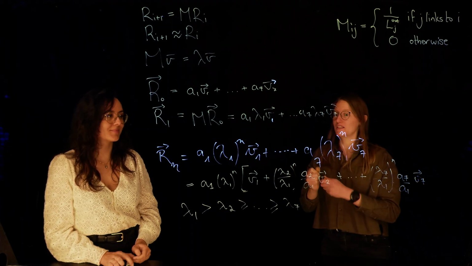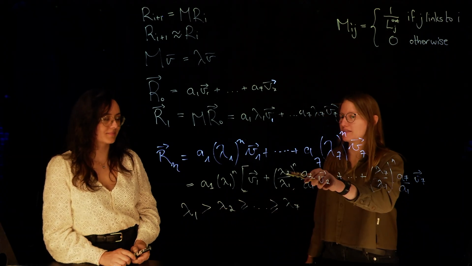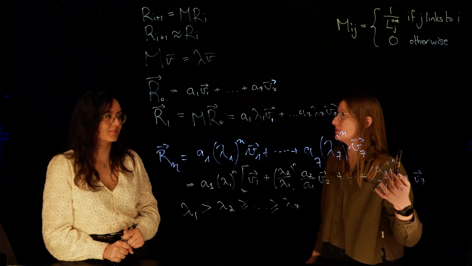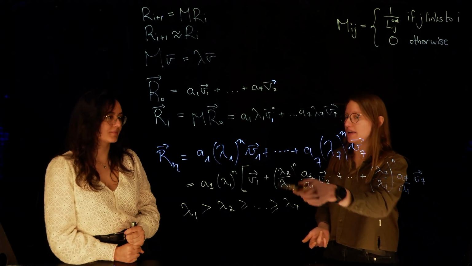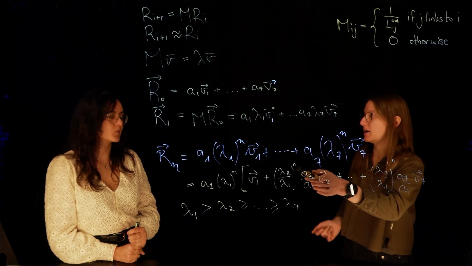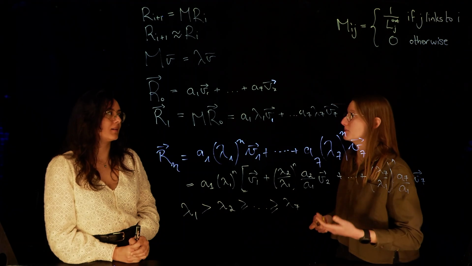Using the fact that we know lambda 1 is the biggest, we know that these values are all going to be less than 1. And if we take a number less than 1 to a large power, that number will vanish. It will just get smaller and smaller the bigger we make n.